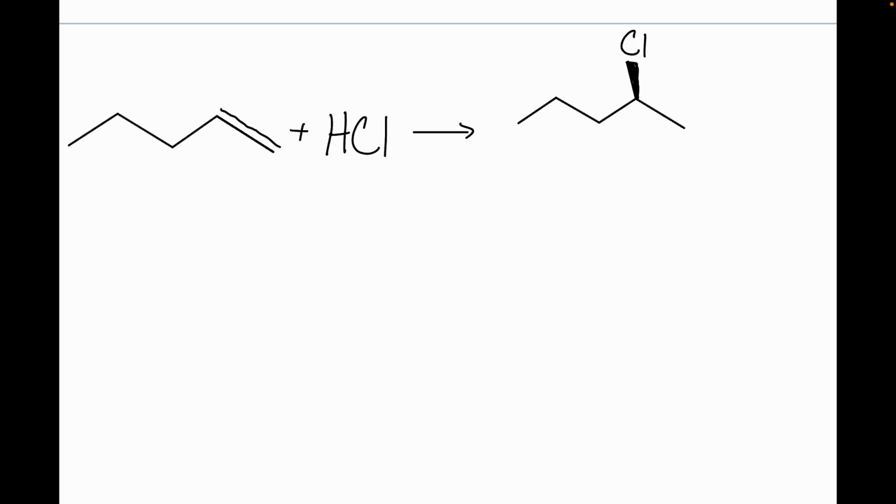Hydrogen gets added to one side of that bond, and chlorine gets added to the other side of that bond. And in this case, we would get a racemic mixture of these two stereoisomers.